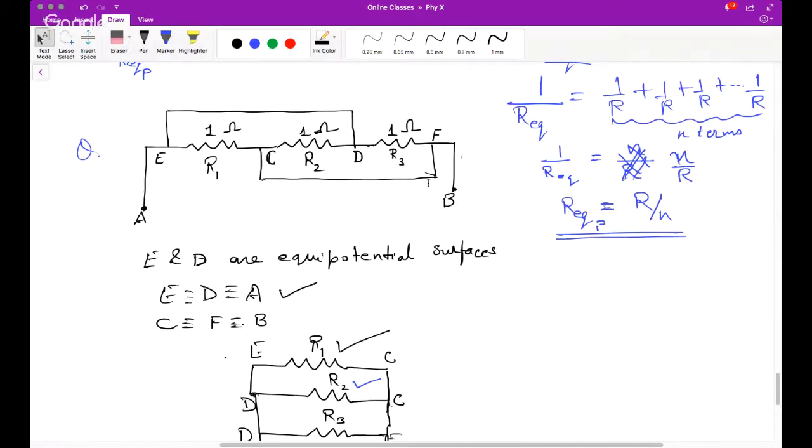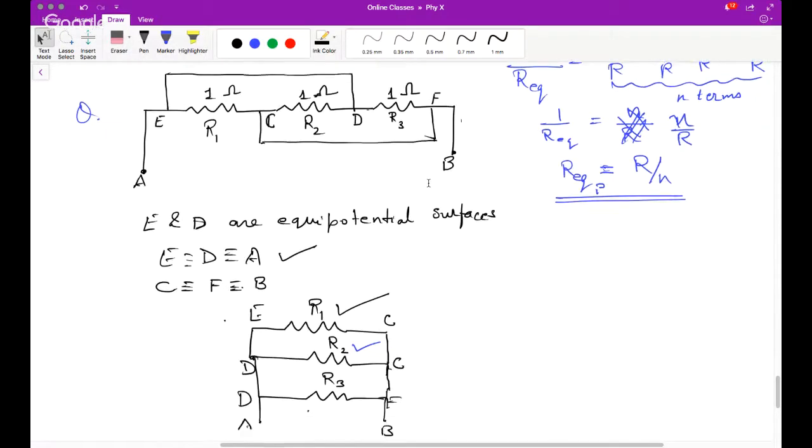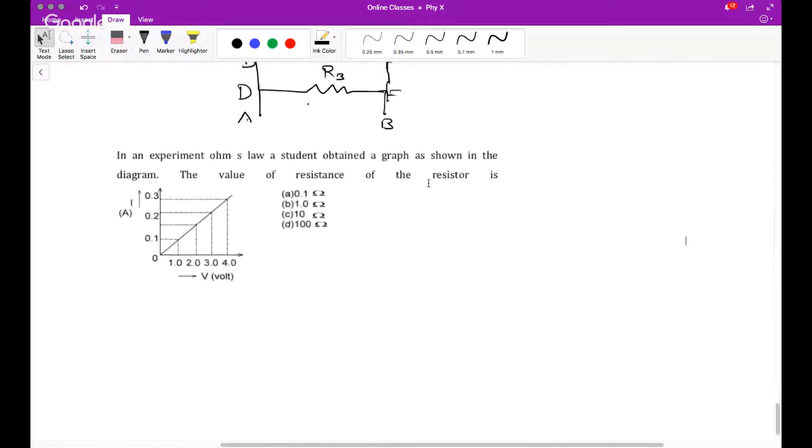R1 and R2 are not in series. Okay, try this one now. If any question, you can always send it to me after the class on WhatsApp. Try to solve this one.